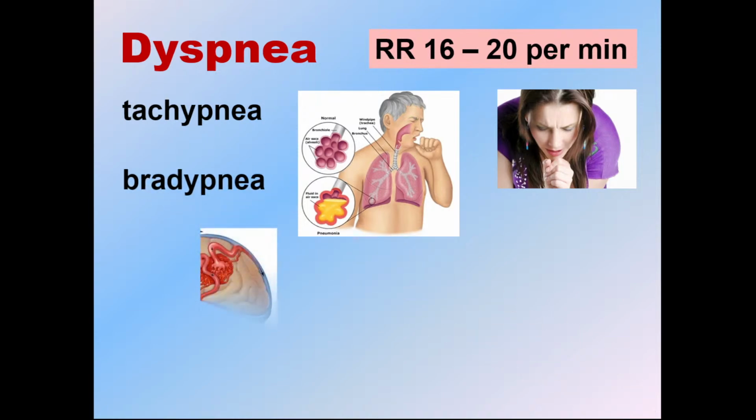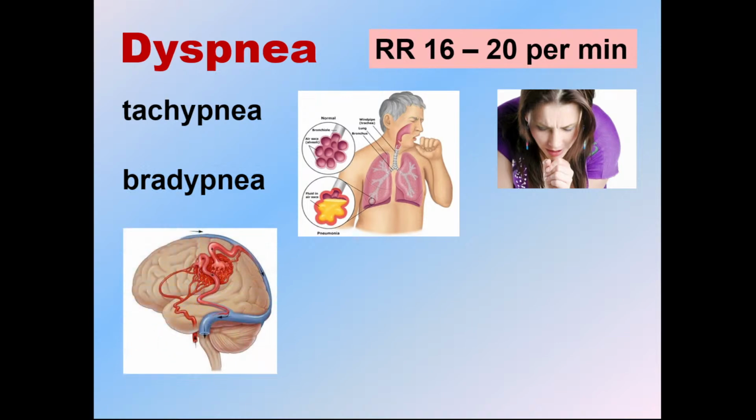The opposite condition, bradypnea, is when the respiratory rate becomes less than 16. Usually, it is correlated with pathology of the brain due to depression of the respiratory center. For example, it may be a patient with brain stroke, damage of vessels, and hemorrhage into the brain.